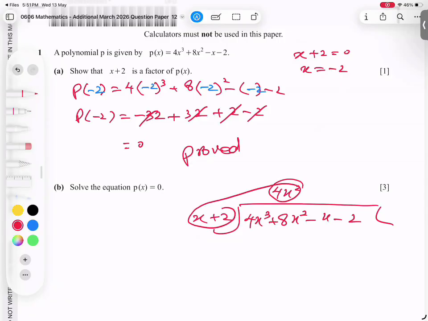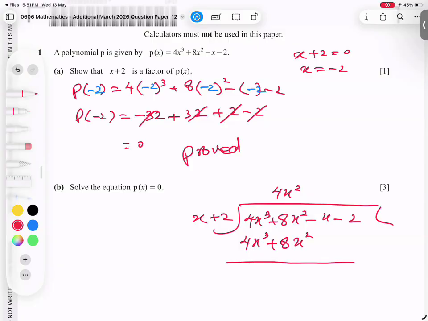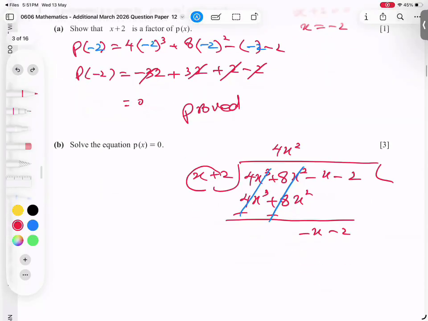It multiplies with both, 8x to power 2. Sign must change. They cancel, luckily both cancel out. And negative x, negative 2 comes from the top. Now what number multiplies with this to give this value? Negative 1. So negative 1 multiplies both, the sign must change, and it cancels to 0.